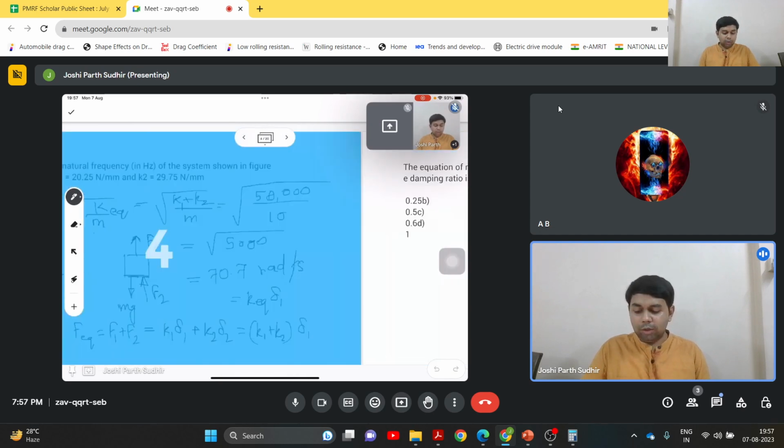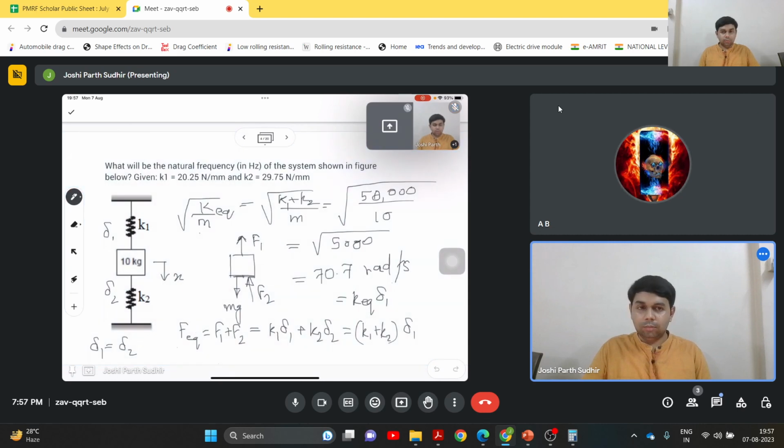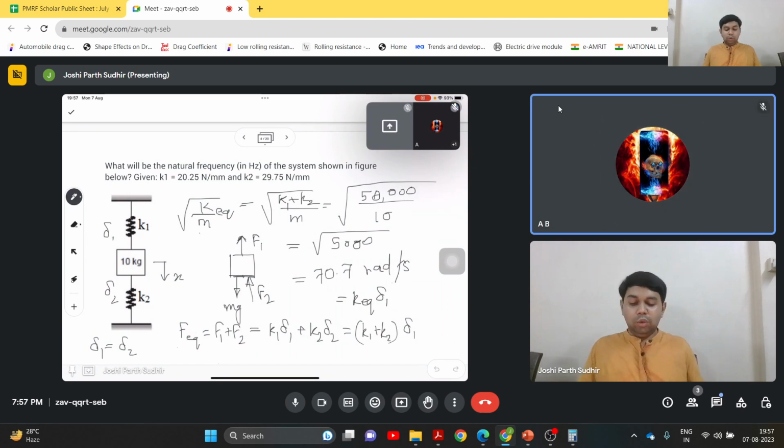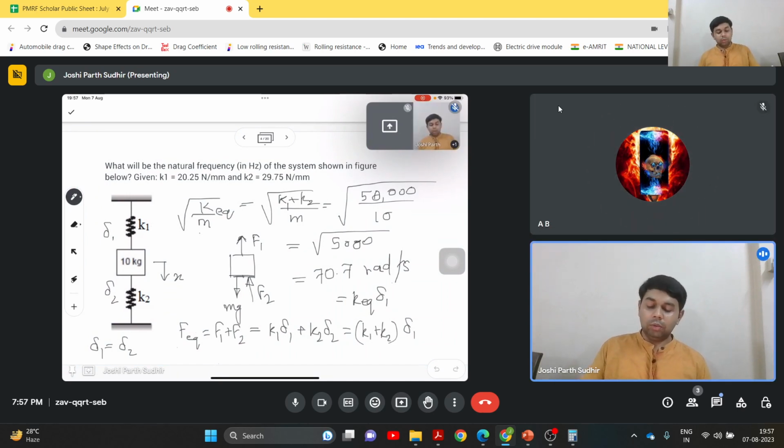Any doubt in this question? Sir, I didn't understand this conversion, Newton to Newton per mm. Generally the unit is Newton per meter.